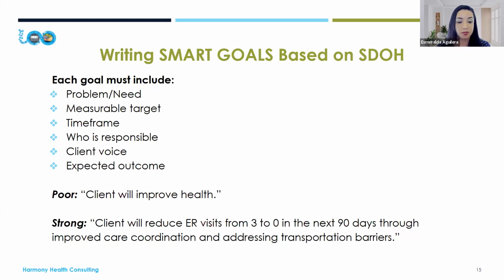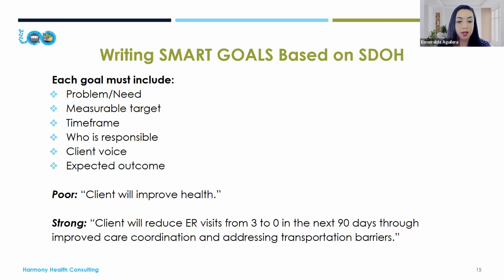For example, housing instability, food insecurities, transportation barriers, financial restraints. These are very broad SDOH needs that have been identified during your comprehensive assessments. Your job is now going to be to convert those into goals that can be very realistic, and something you can work towards and then have a defined period of time.